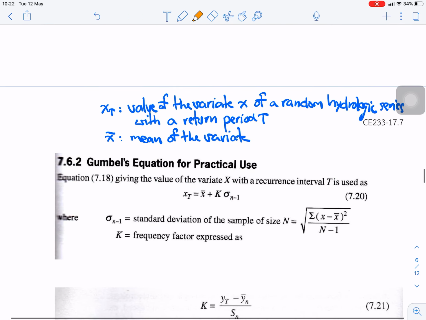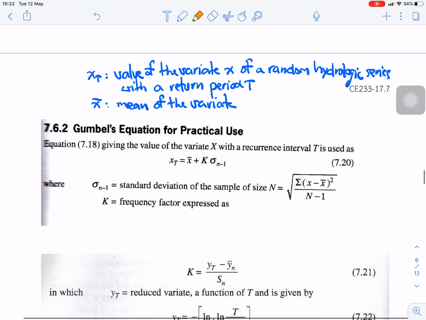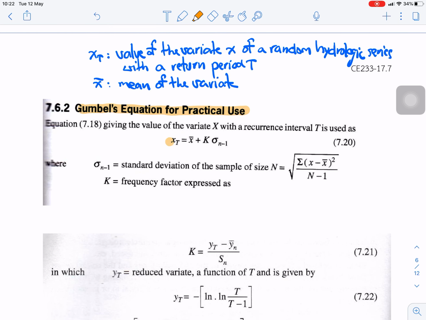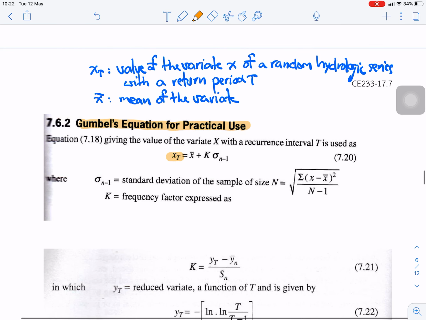For the application of the Gumbel equation in practice, x t is the value of the variate x of a random hydrologic series with return period t, equal to x bar plus k, where k is the frequency factor times the standard deviation, and x bar is the mean.